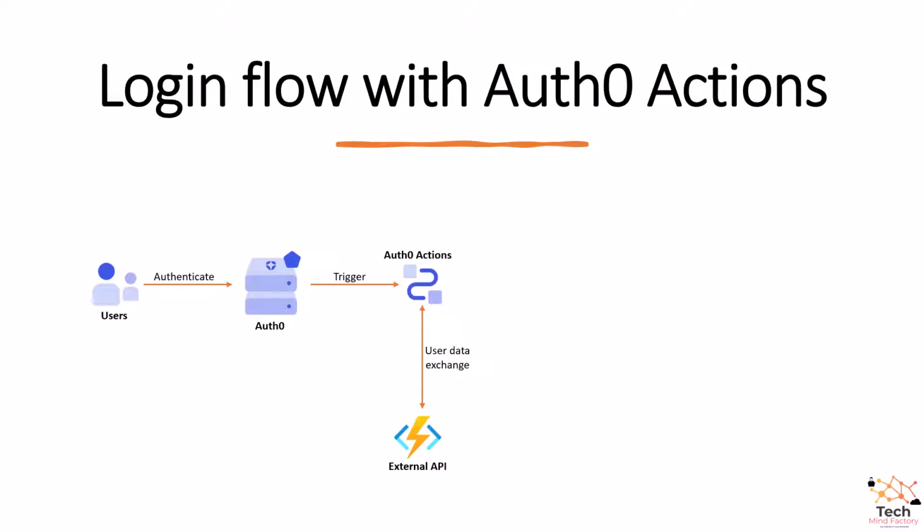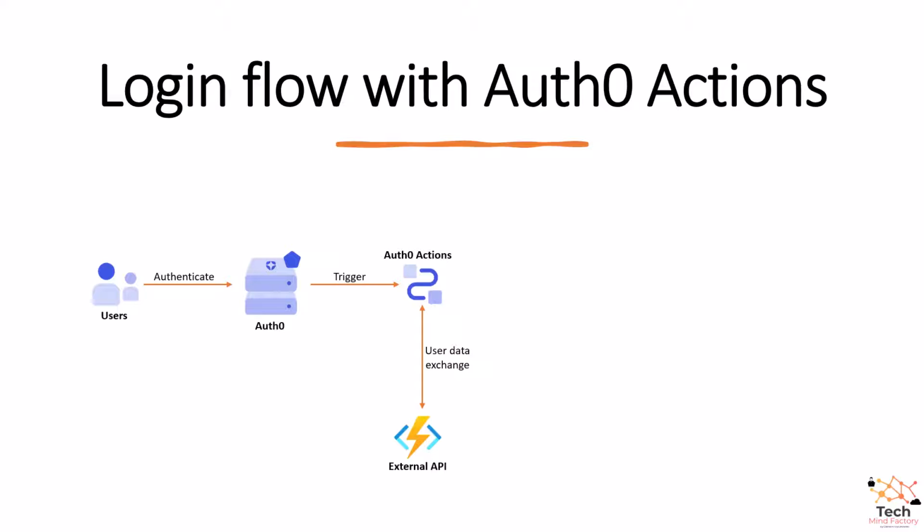And here we have the user data exchange. So we are calling the external API. We are providing information about the user, like for instance, the unique identifier from Auth0 and email address. And based on this information, we are getting information back about a specific property of the user.